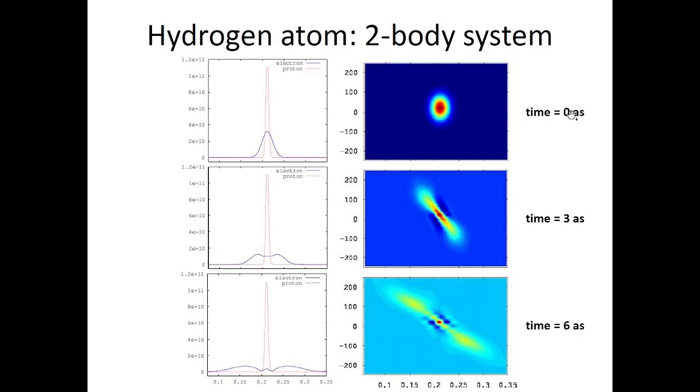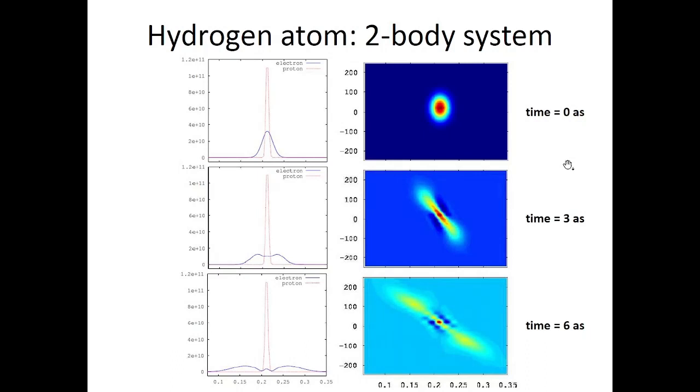In this validation test, we have one electron and one proton in the center, and the initial distribution of the electron is centered around the nucleus. A cut is made on this plot: in red we have the distribution of the proton, and in blue the distribution of the electron. These are the initial conditions of the system.